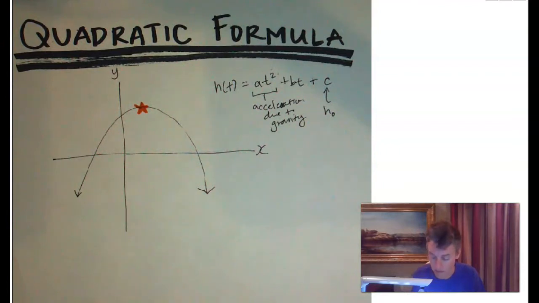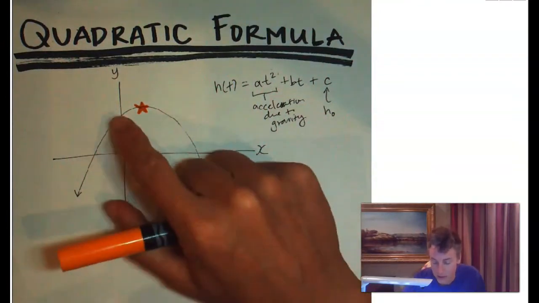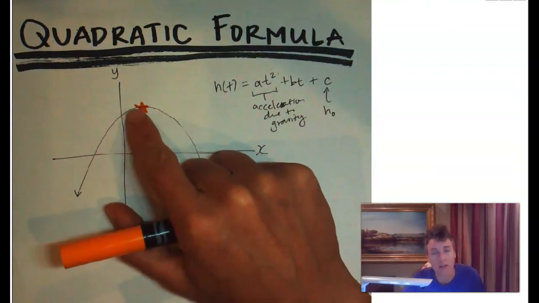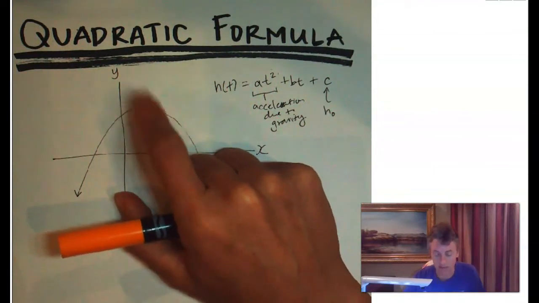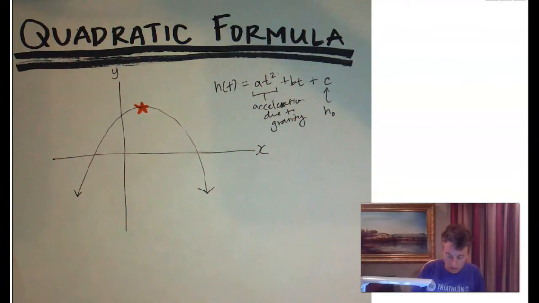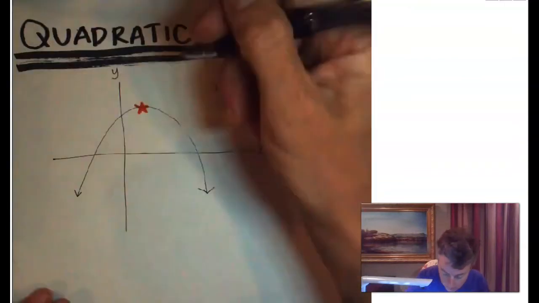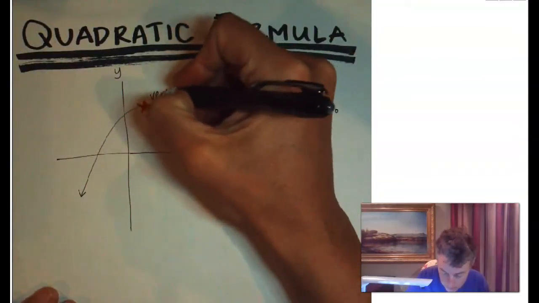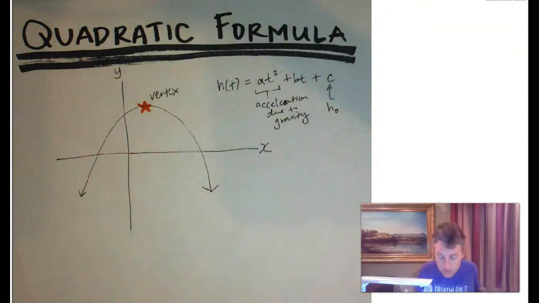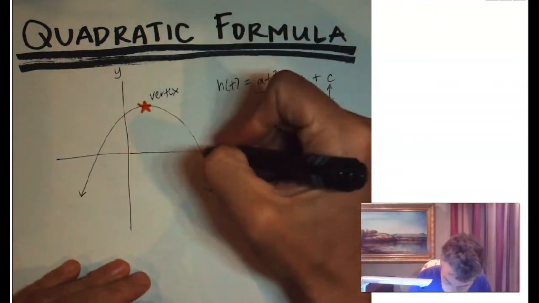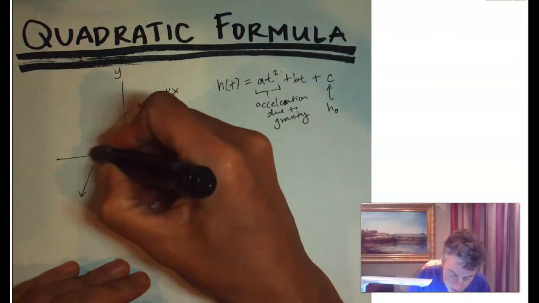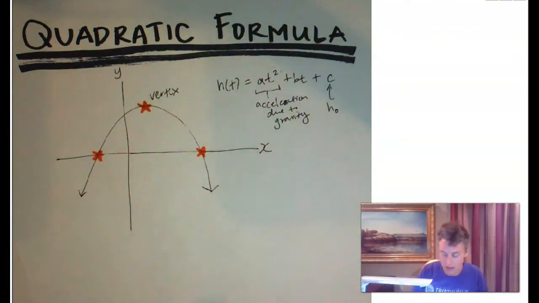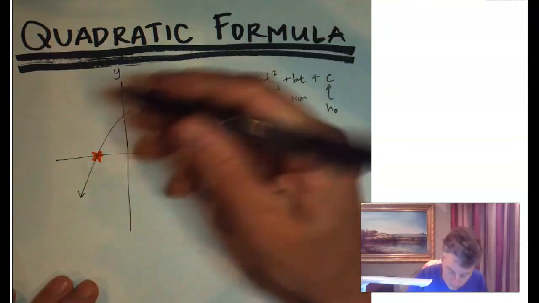That's usually a point of interest. Like if it's some projectile, we say, well, how tall does it ever get? Where's the vertex? It's up there. So we are interested in the vertex, and then we're also interested in where the function equals 0, aka crosses the x-axis, aka has some roots.